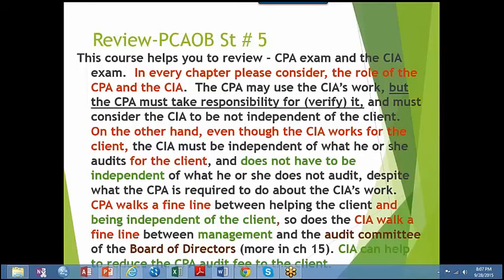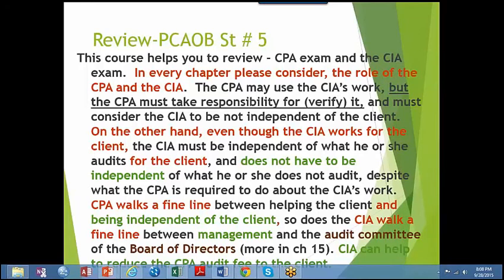Generally, in a good internal audit department, the auditor reports directly to the board of directors, to the audit committee, and it's the audit committee that approves the audit plan for the internal auditor. Even though the CIA works for the client, the CIA must be independent of what he or she audits for the client, and does not have to be independent for what she or he does not audit.